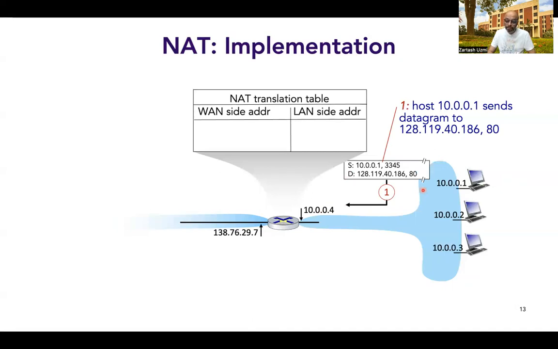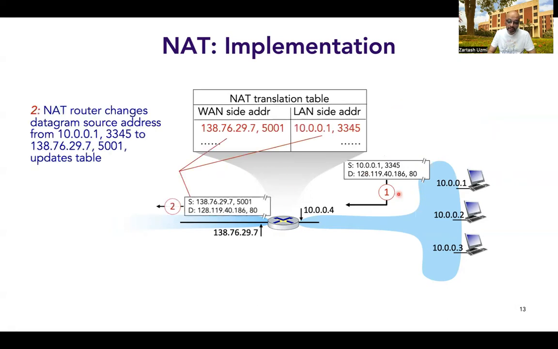Now, when this packet goes to the outside network, it gets translated. If you look at this packet which is going out, number 2, the source has been replaced from 10.0.0.1 to 138.76.29.7. The port number has also been updated to 5001, which is again picked by the operating system of this network address translation device.